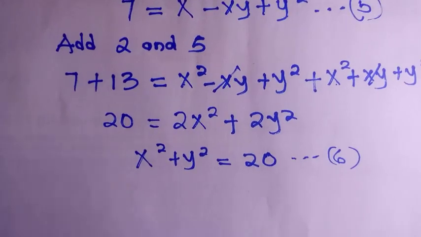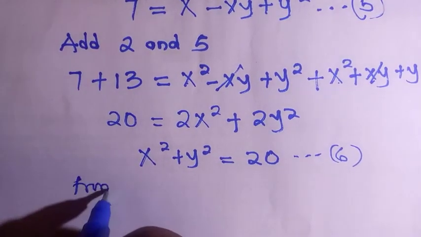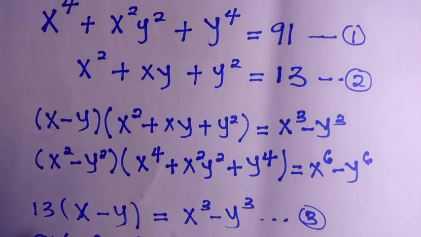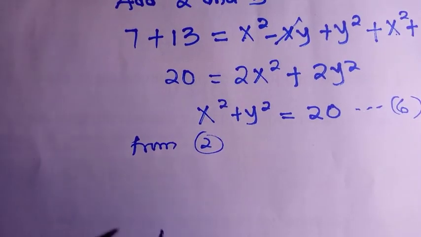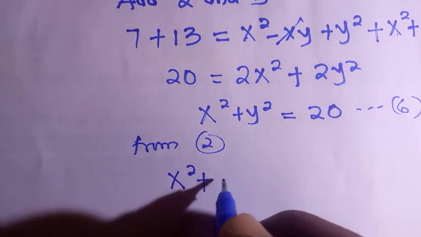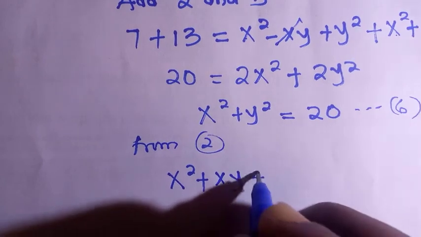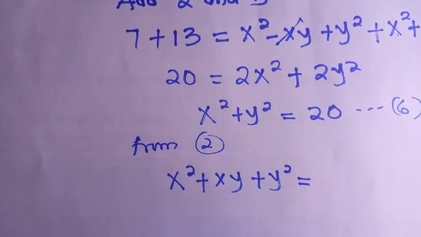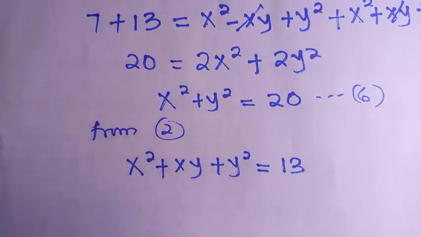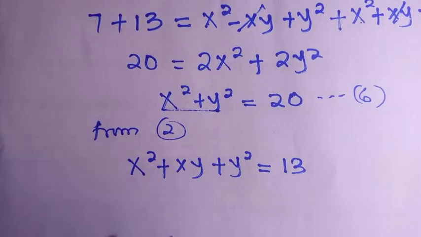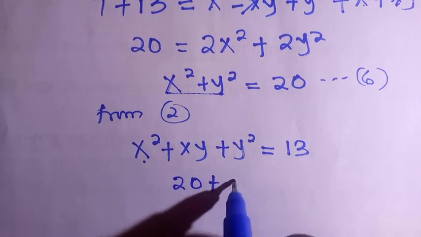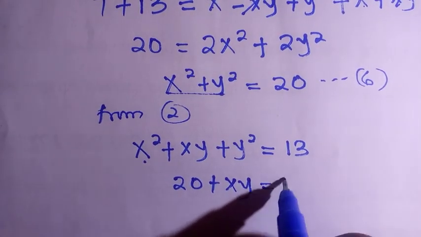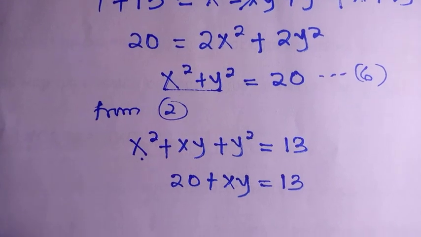The next thing we are going to do here is, let's say I consider equation 2, which says x squared plus xy plus y squared equals 13. And we know x squared plus y squared is here, and the equivalent value is 20 plus xy equals 13.